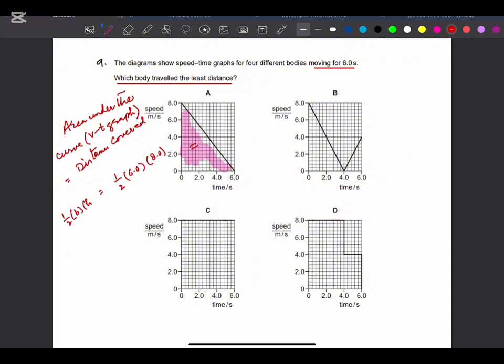So if you are considering triangle OPQ, you can write the calculation here. 2 4s are 8, so 4 6s are 24 meter. And obviously you have to calculate the other options as well.